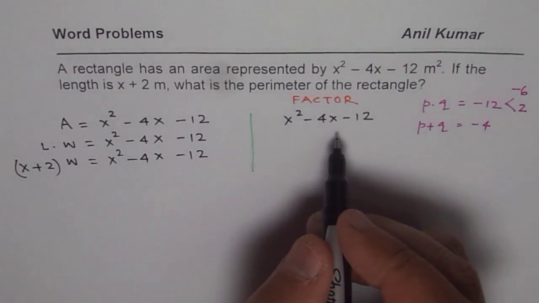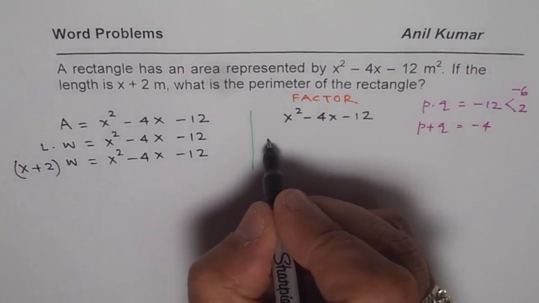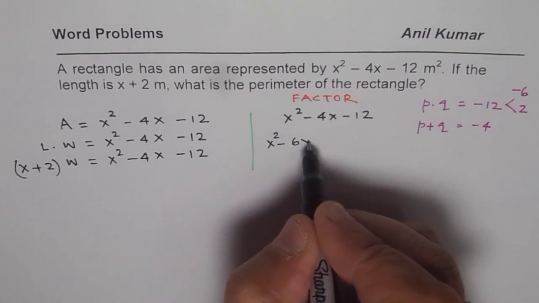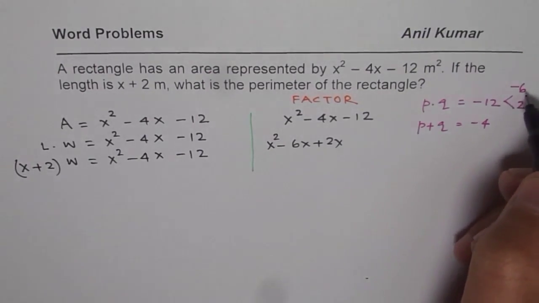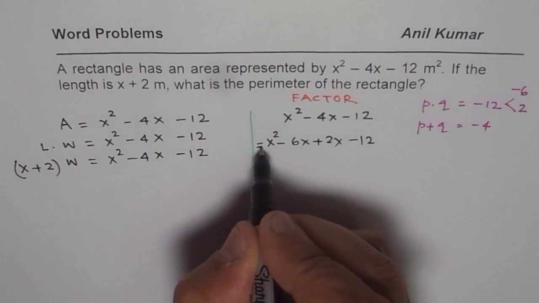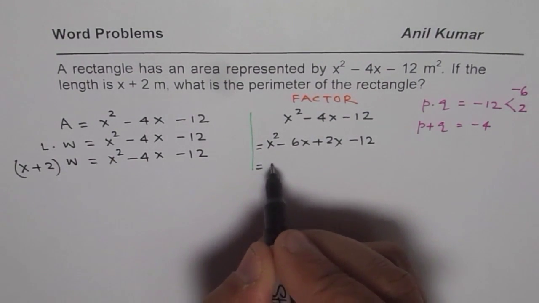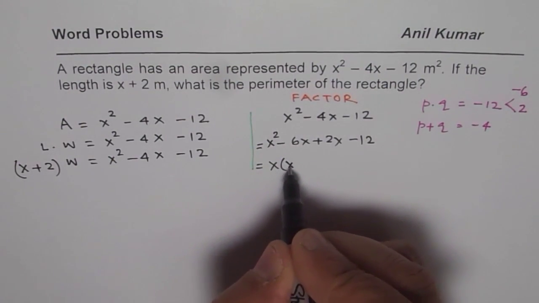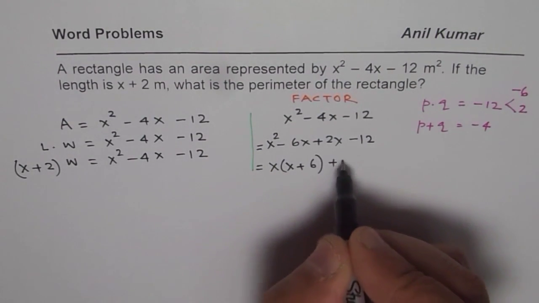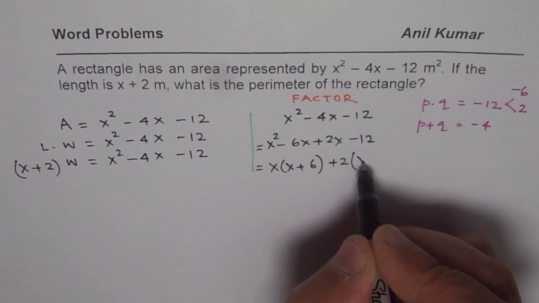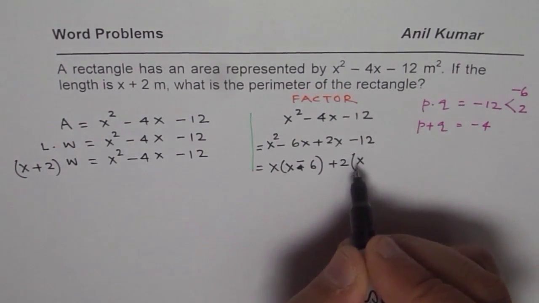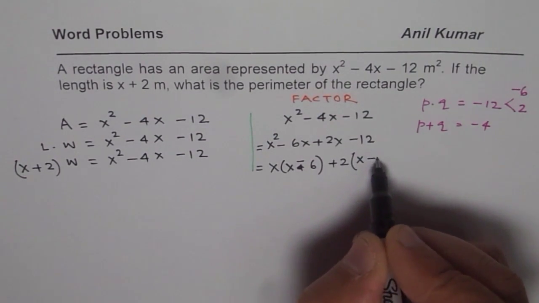Now how to factor? To factor this, what we do is we replace minus 4x with minus 6x plus 2x. Combination of these two, right? And then we can say, well, this is equal to x is a common factor here, so we get x minus 6, and in this case 2 is the common factor, so we get plus 2 times x plus 2... sorry, when you factor 2 you get x minus 6.